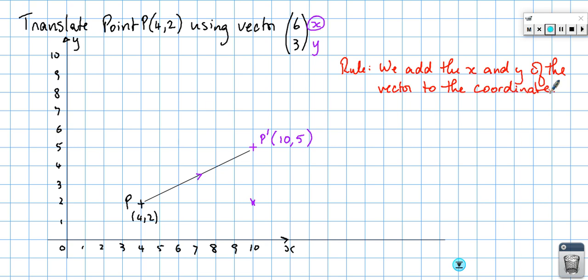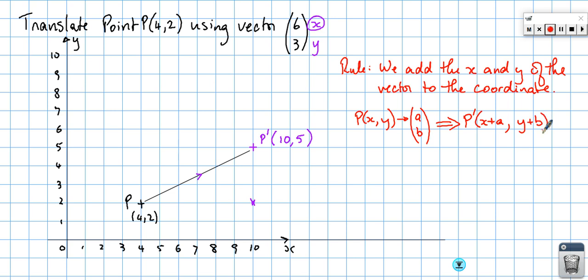So, if point P, x, y is translated using vector a, b, the end product will be a new point P, x plus a, y plus b.